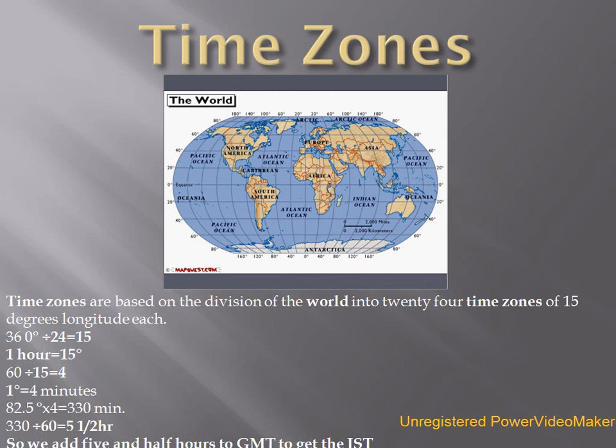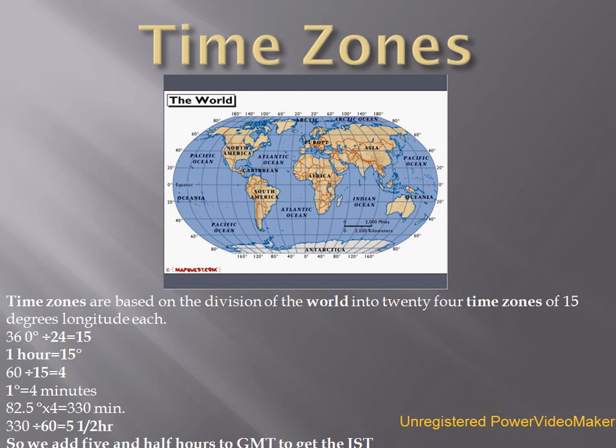So how do we find the difference between this place and the prime meridian? We have to multiply 60 by 4. When we multiply 60 by 4, we get 240. This 240 is our minutes. Now if we convert these minutes into hours, it becomes 4 hours. So at 60 degrees, place A will be 4 hours behind the prime meridian, the GMT time.